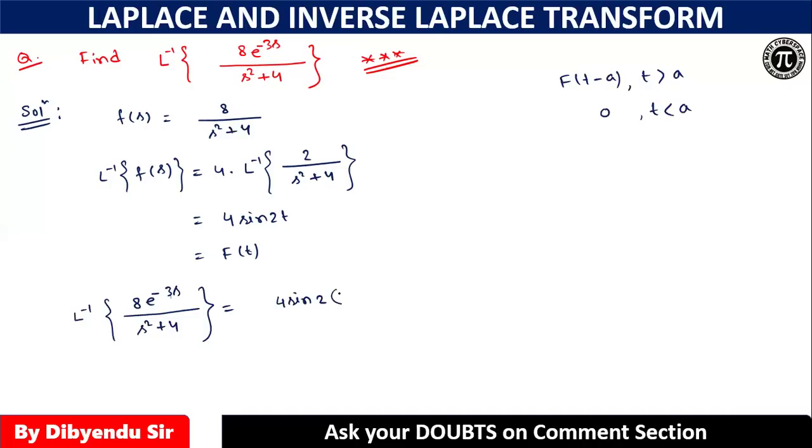What is the value of a? a equals 3, so t minus 3. This is the answer, for t greater than 3, and 0 when t is less than 3. If you want to simplify, it is 4 sine of 2t minus 6 when t is greater than 3 and 0 when t is less than 3.